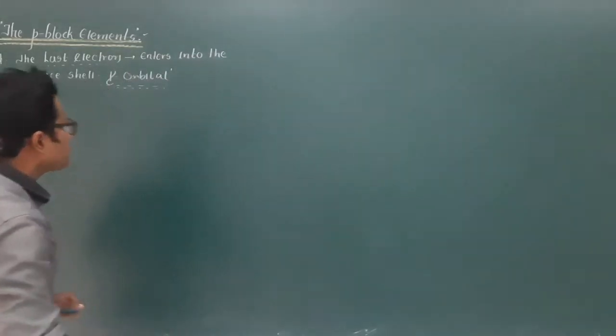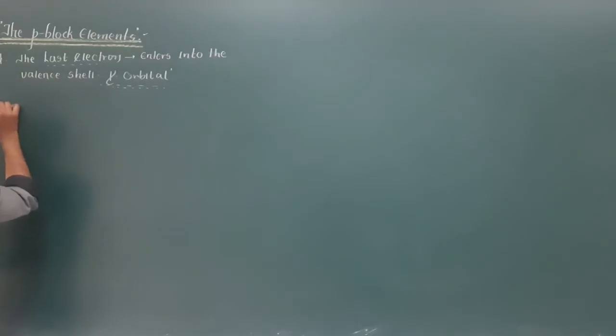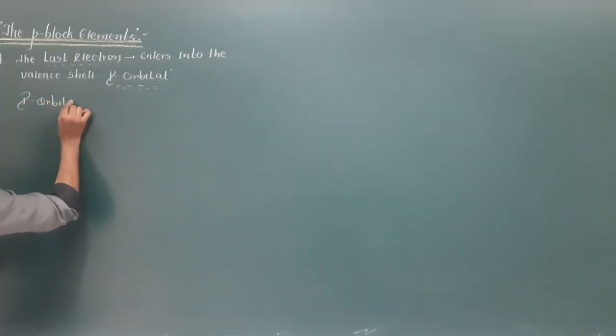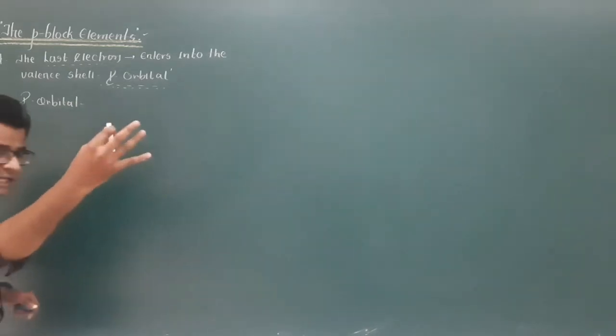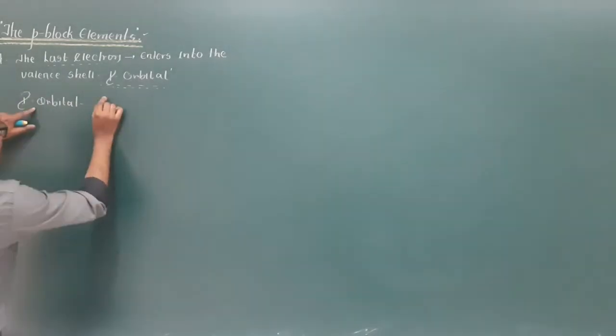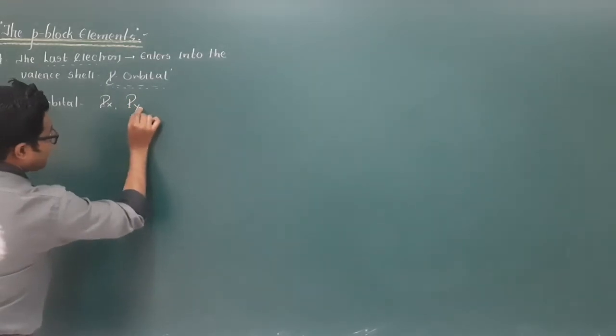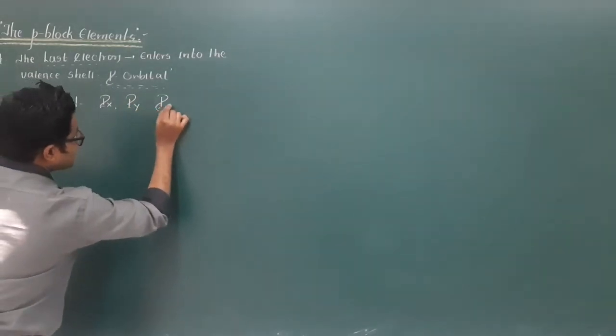When we take a look at these p block elements, as we know about the p orbital, there are three p orbitals, that is, we have px, py, pz.